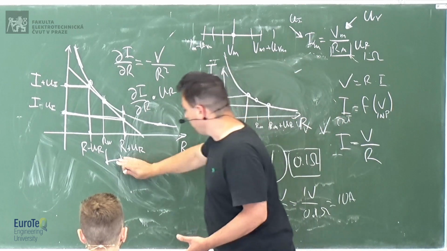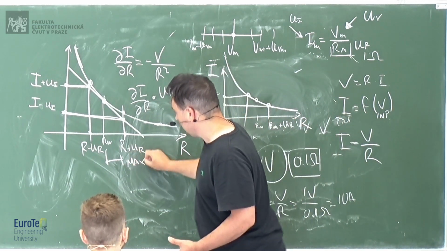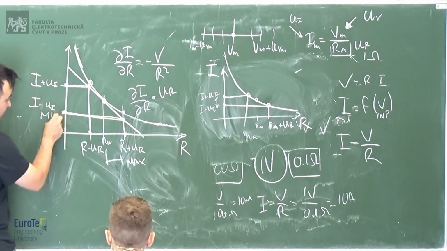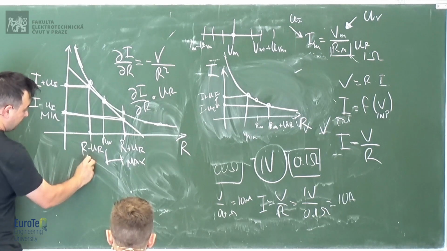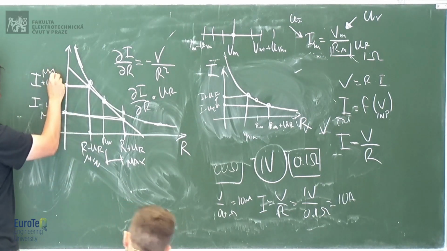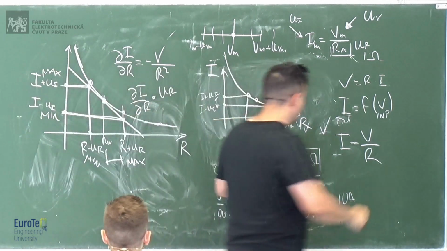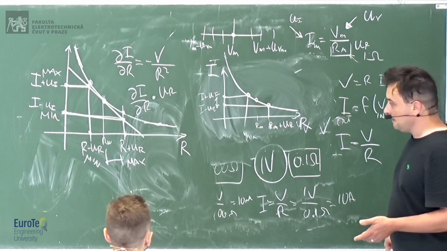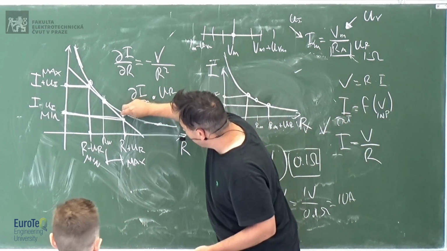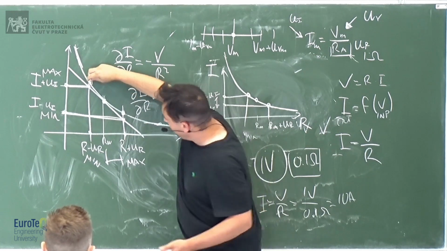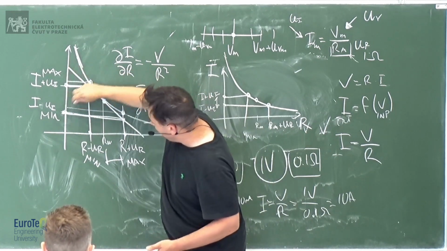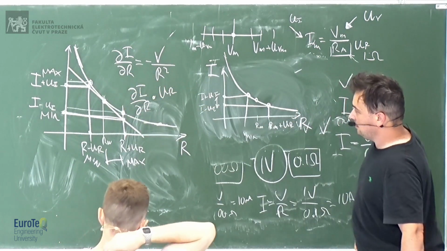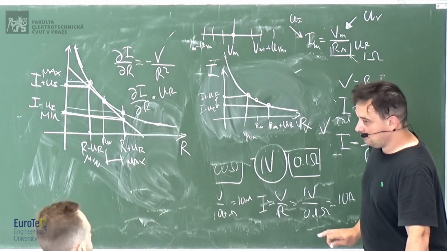The only difference is that here you have maximum, which corresponds to minimum. So the maximum resistance corresponds to the minimum current, and the minimum resistance corresponds to the maximum, which is obvious because if you have a larger resistance, you have a smaller current and vice versa, okay? So instead of taking the actual points of the function, which would give this value and this value, we take these points on the linearization, okay? Is that clear?